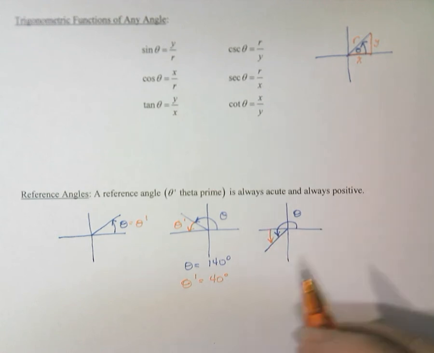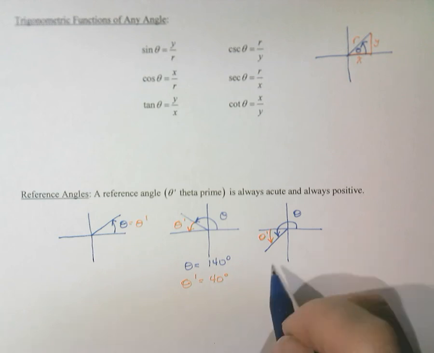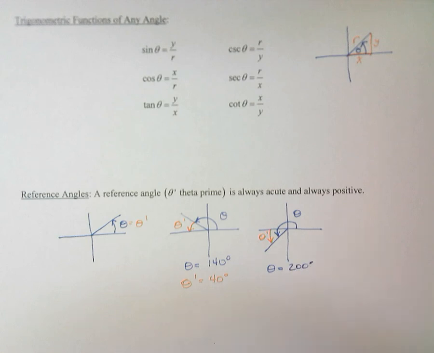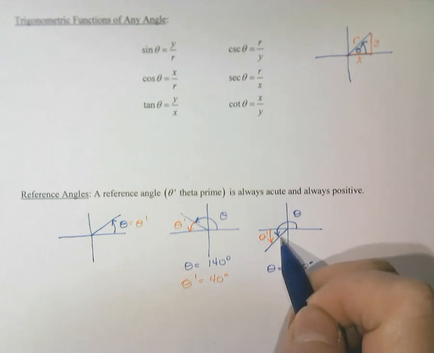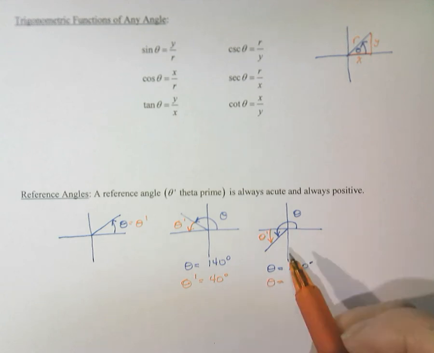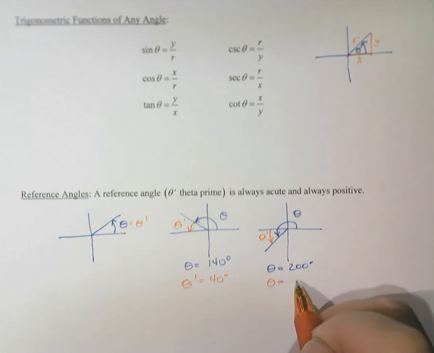So it's got to use the x-axis. So if theta were equal to 200 degrees, this blue is the 200 degrees, theta prime is basically my distance from the x-axis to that terminal side. So it's going to be 20 degrees.